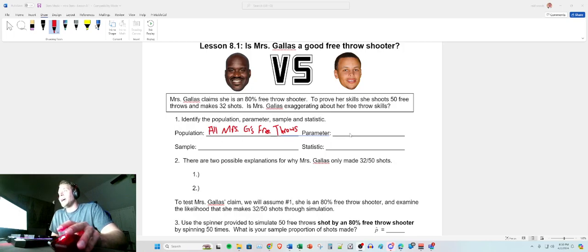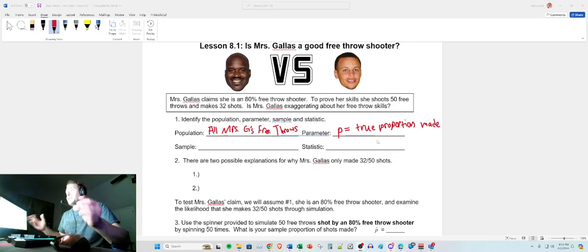And what we're trying to estimate is her true proportion, her ability to shoot free throws. So this will be p, which is equal to her true proportion made.